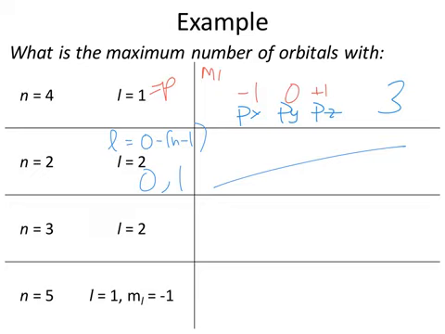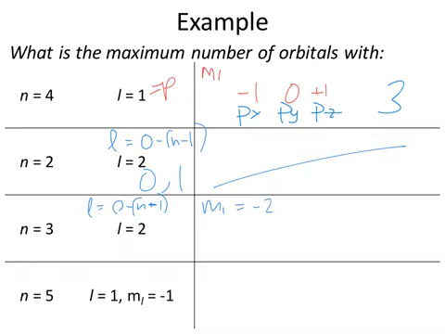n is equal to 3, L is equal to 2. So L is equal to 2, we have to figure out what the ML value is. So the ML here seems okay. When we look at here, the value for L equal to 2 can fit with n equal to 3, because remember, L is equal to 0 to n minus 1. So that should be fine: 0, 1, or 2. So ML is equal to negative L to positive L: -2, -1, 0, +1, and +2.